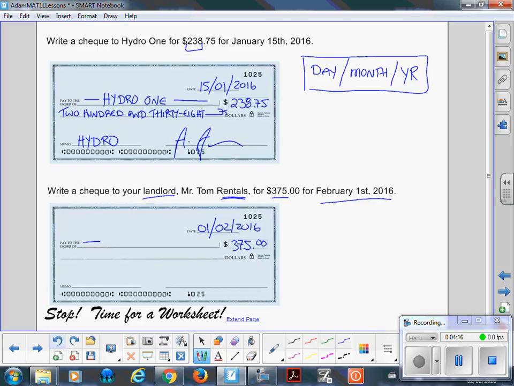And you don't have to write the Mr. It's just the full name, so it's made out to Tom Rentals. Again, I put the lines in front and after. And now how would I say that? Well, I would say it as 300 and 75.